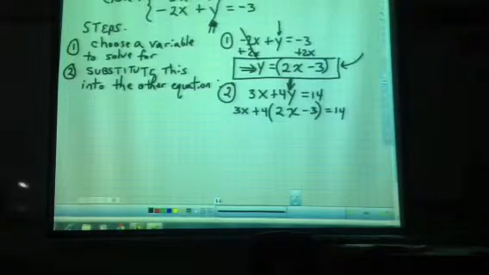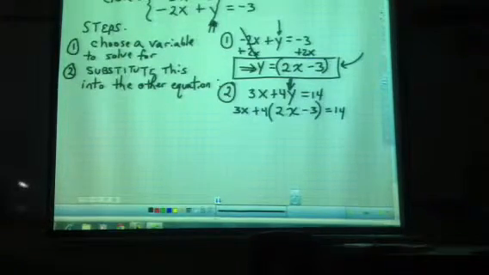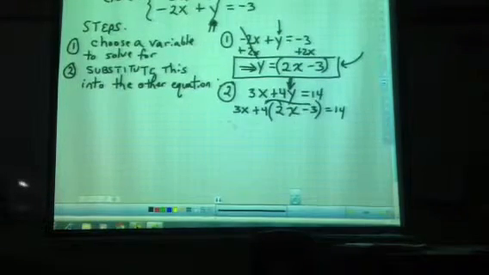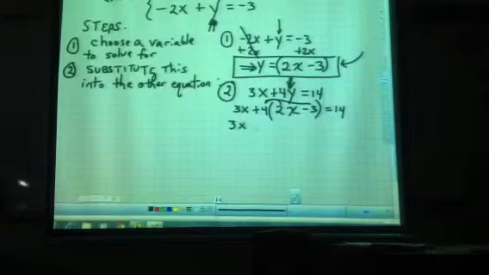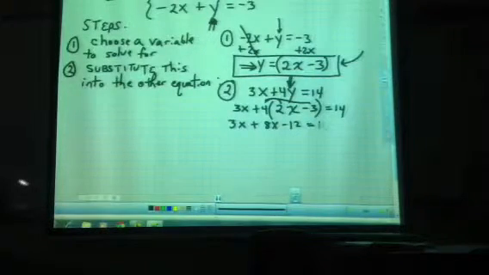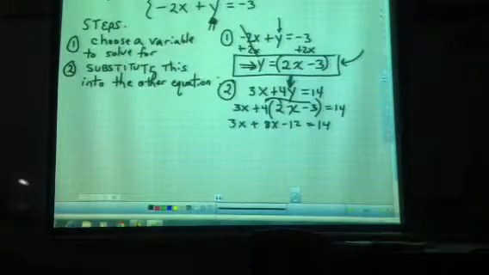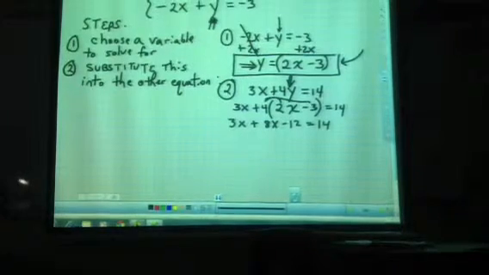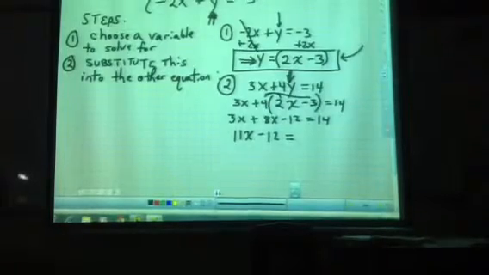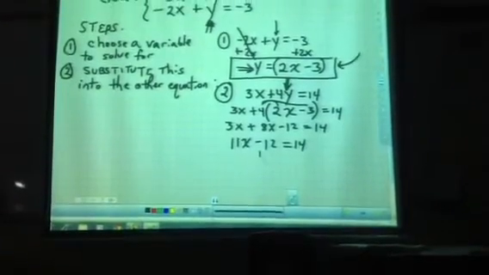So we solve. Our goal was to make a single equation with just one variable in it, and that allows us to solve for x. So distribute the 4. We're going to get 3x plus, now 4 times 2x is 8x. Positive 4 times negative 3 is minus 12. And that equals 14. And combine like terms, so we're going to get 3x plus 8x, which is 11x, minus 12 equals 14. And then you know how to solve this better than I do.